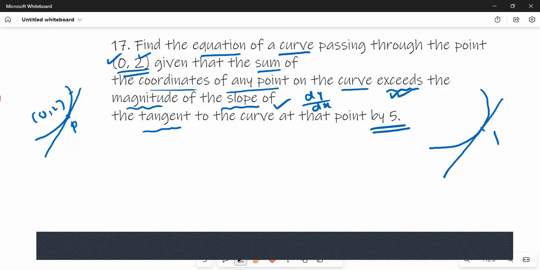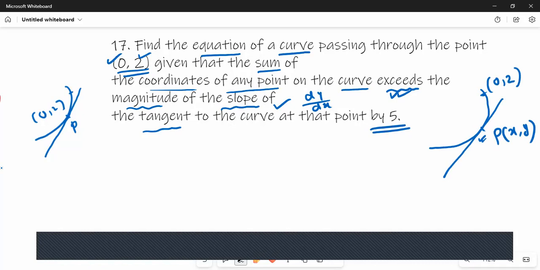Say this is a point P now, which is say (x, y), and this is the curve. It may be passing through this 0, 2, somewhere here. So now we will try to find the dy dx at this point.